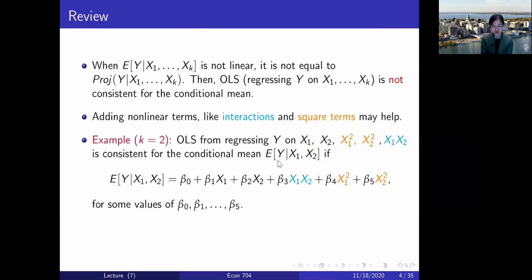But of course, this is a weaker assumption than requiring the conditional mean to be completely linear in x1 and x2, but still it is restrictive. How do we know that this conditional mean is of this form? We do not know that. So why these nonlinear terms, not other nonlinear terms?